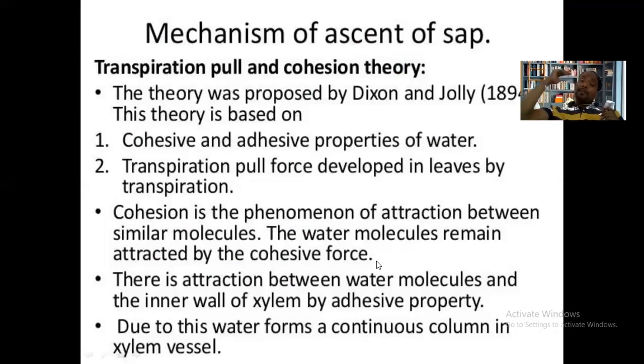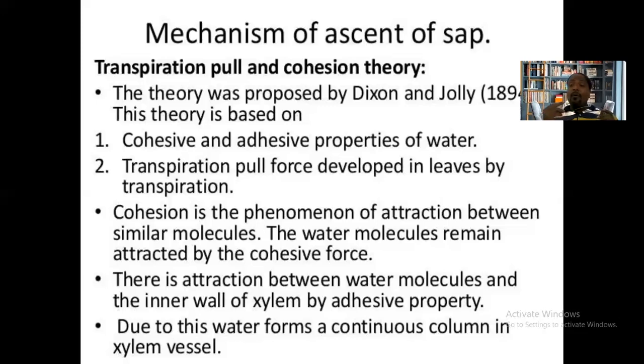According to this theory, the water absorbing forces are developed in the leaves, and these forces are developed because of the process of transpiration. Getting it? This theory was proposed by the scientists Dixon and Joly, and it is based on two phenomena, cohesion and adhesion.